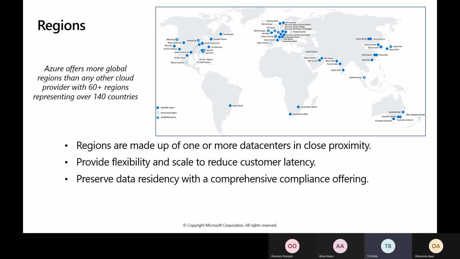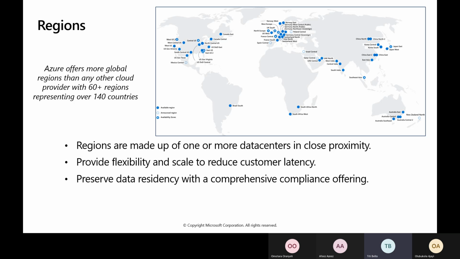It's reduced to the barest minimum so that processes, requests, or traffic can travel as fast as possible. Now, what is the reason for creating multiple regions? One is the ability to give customers, the users of cloud, the ability to host their servers or services as close as possible to their users.